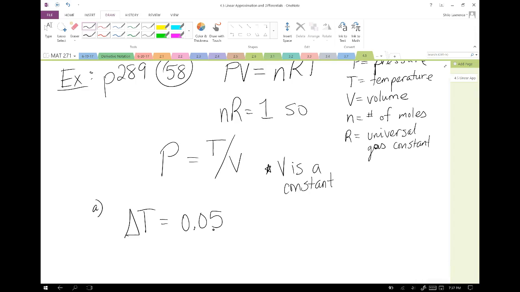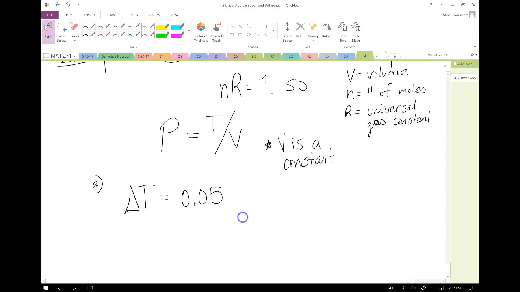So change in pressure. Does the pressure increase or decrease? So remember, change means subtraction or difference, and we very often use the delta symbol. So they tell us the change in temperature, and they want to know change in pressure.